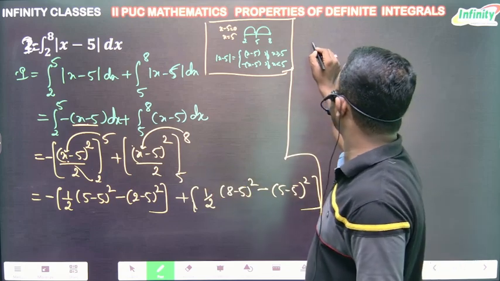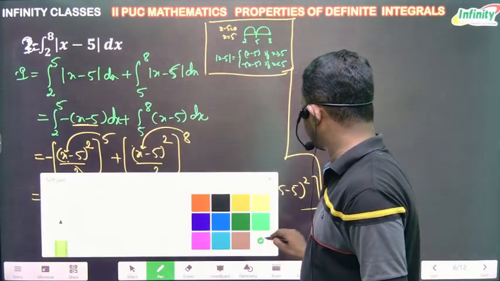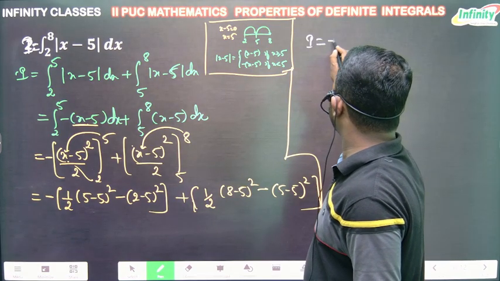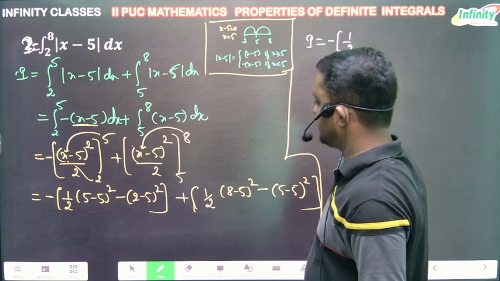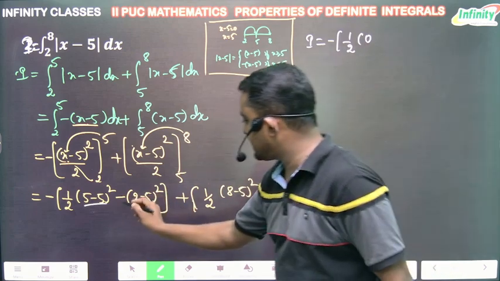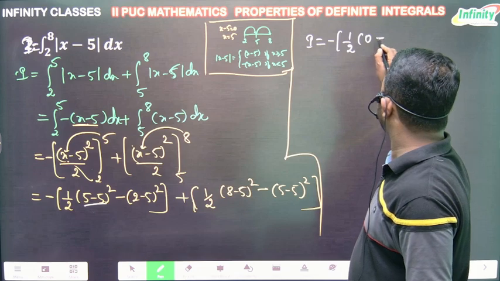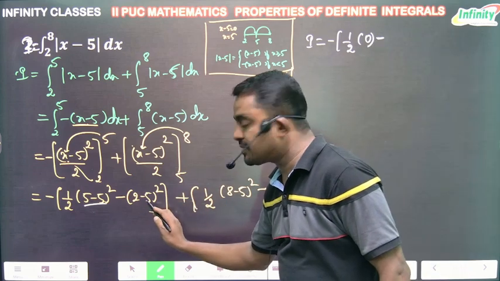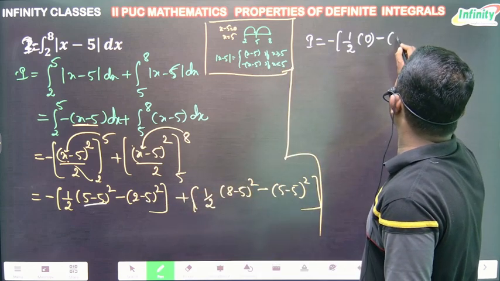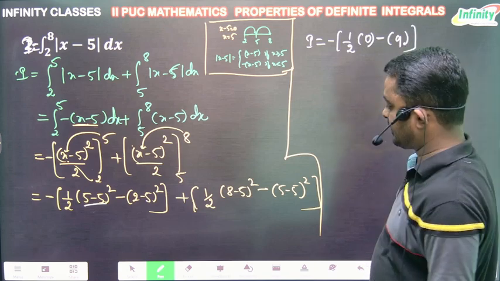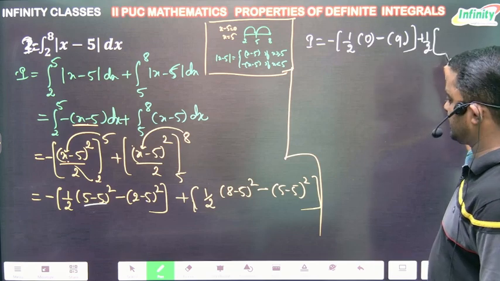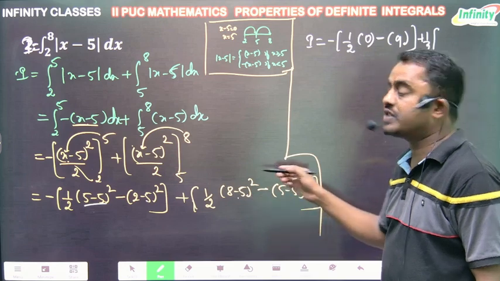Now I is equal to minus sign as it is, 1 by 2 as it is, 5 minus 5 will be 0, then minus 2 minus 5 is minus 3, minus 3 square will be 9, then plus 1 by 2, 8 minus 5 is 3, 3 square will be 9.